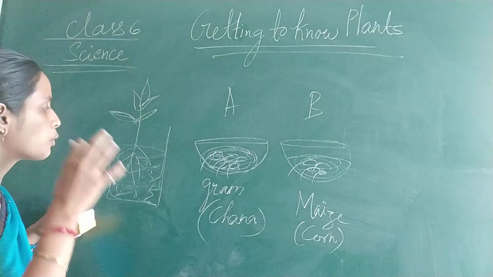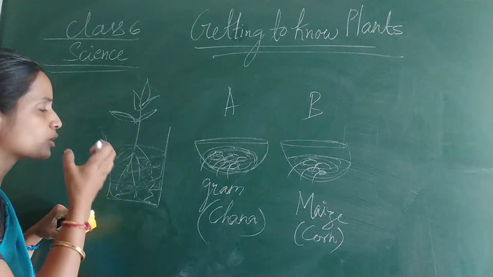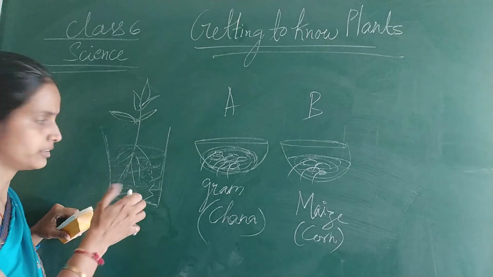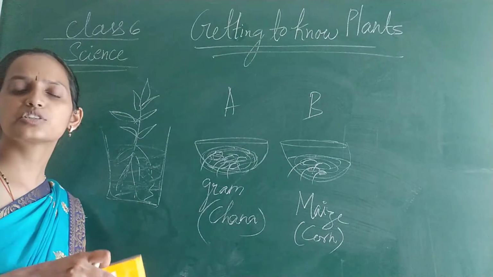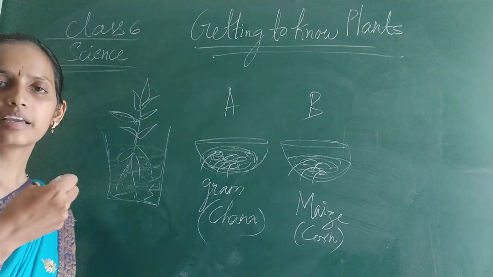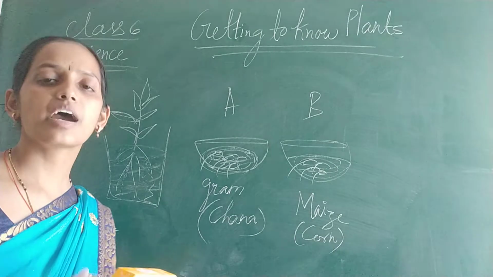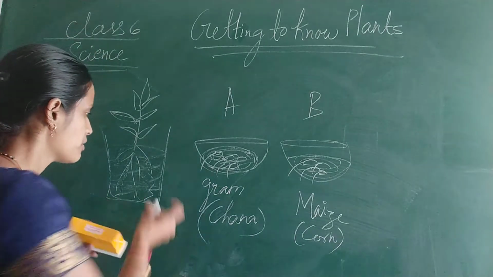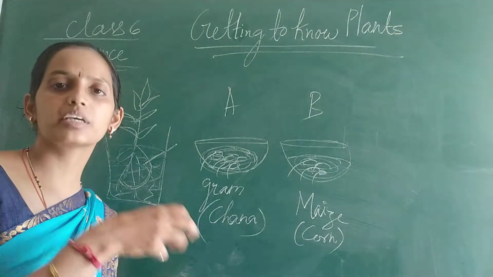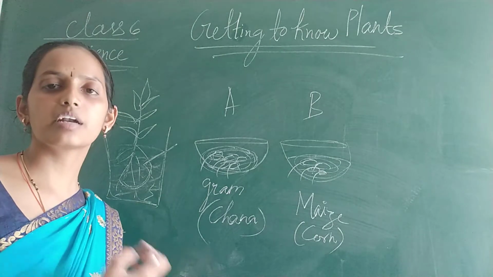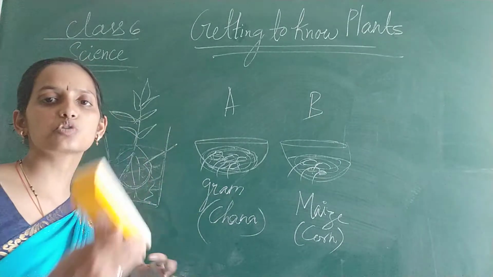So the plant is holding the soil very tightly. It is not easy for us to directly remove the plant from the soil, so we used the khurpi. With the help of the khurpi, we are removing the plant from the soil.